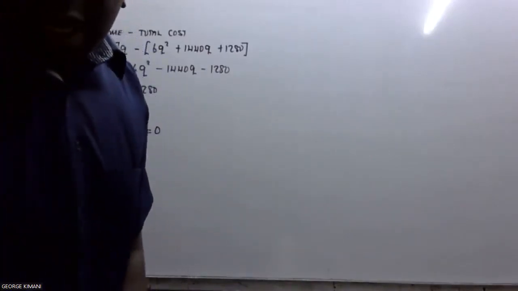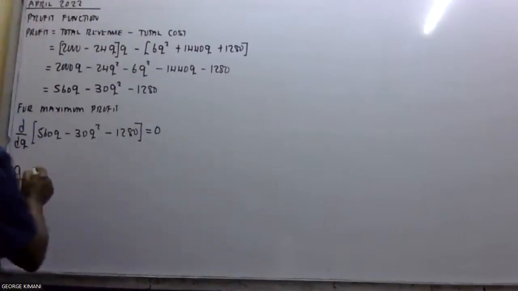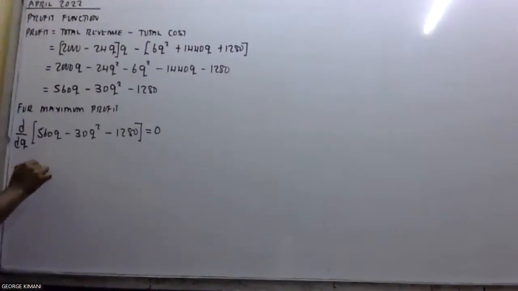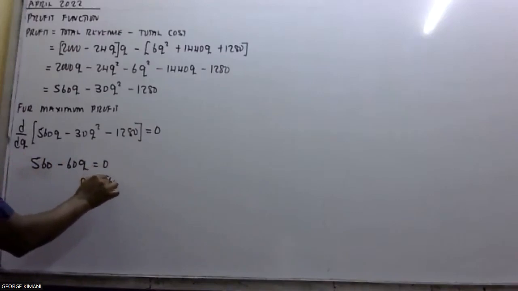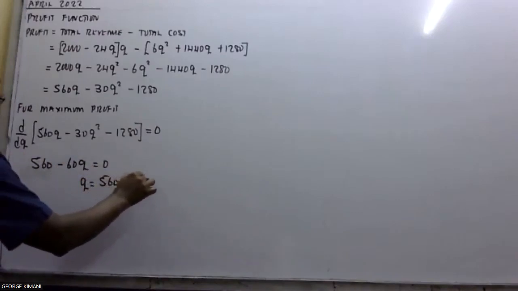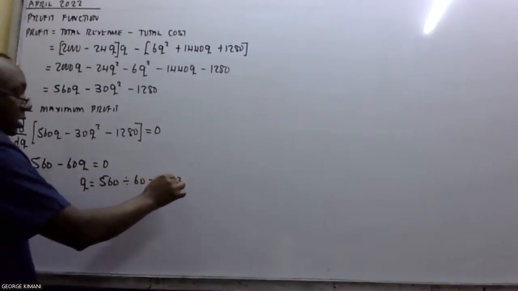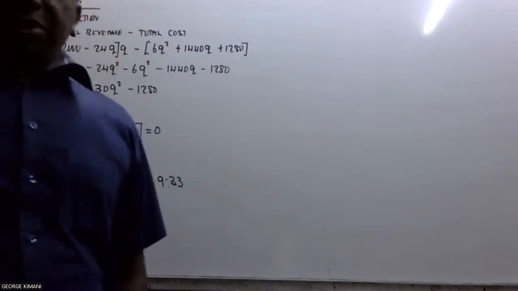Q is 9.33. So I hope you have gotten 560 minus 60Q being equal to 0. So Q is 560 divided by 60, which gives 9.33.